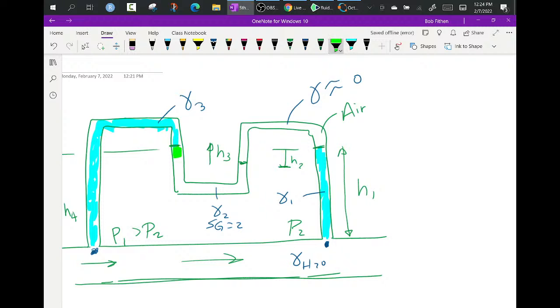Green is the heavy fluid, and air sometimes doesn't have any color, so I'm just leaving that one colorless. So let's say we start our journey at P2. I'm going to start there, head up and take stock of things. So I'm heading upwards. I go that distance through that fluid.